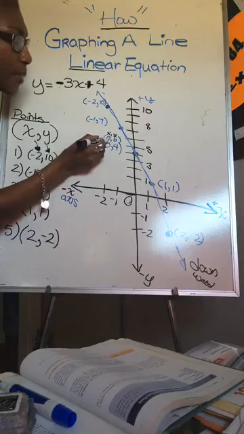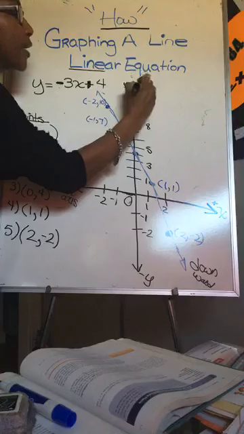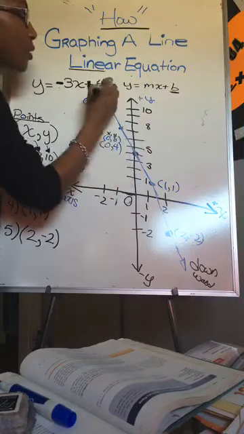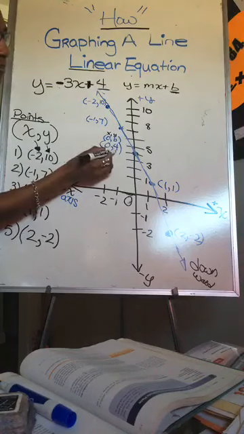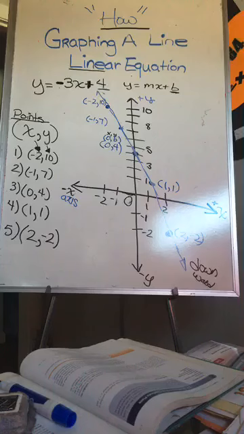Okay? So when I label this as 0 comma b, this is y equals mx plus b. So 4 is your b. Okay? And we don't have an x value, so we have to put 0 in that place, in that location.